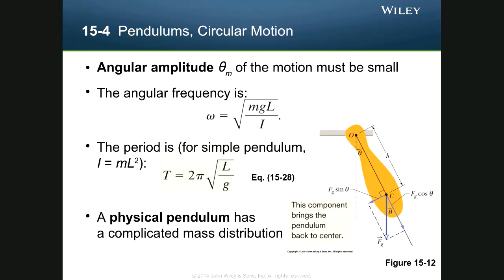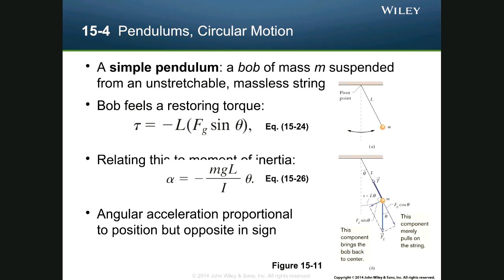Going forward, we can see that the angular amplitude theta m of the motion must be small. Let's go back and take a look at that. If theta is big, this can get out of hand very quickly and become nonlinear. So your simple pendulum only has simple pendulum motion for small angles of theta.